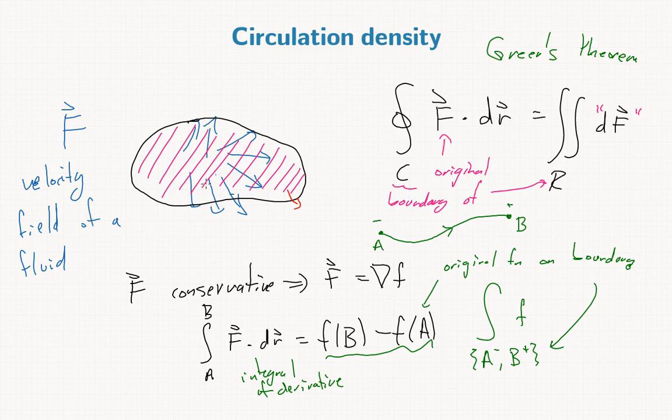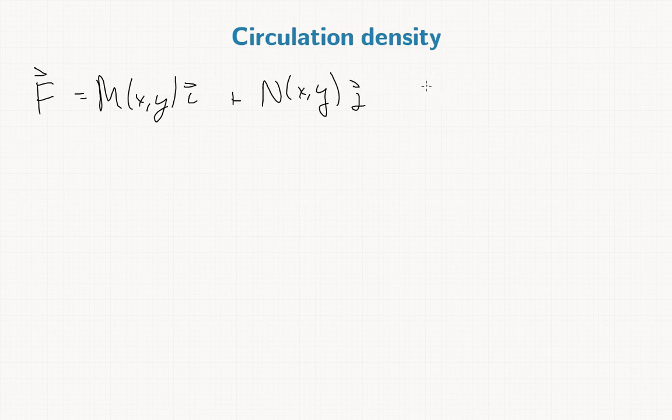Okay, so let's talk about the concept of circulation density. Again, F equals M(x,y) i plus N(x,y) j is a vector field in the plane.